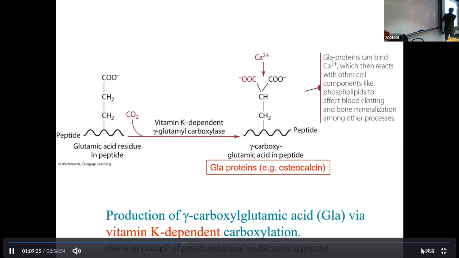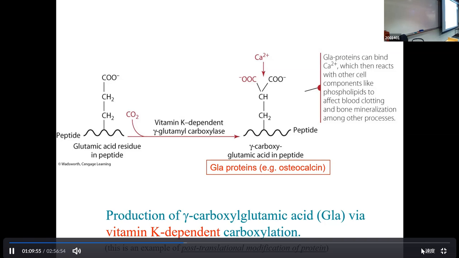This is also an osteocalcin protein. Only that this one is not carboxylated, and this one is carboxylated. Both are osteocalcin. You can consider it that way. Okay. So we have the genetic code to make osteocalcin.